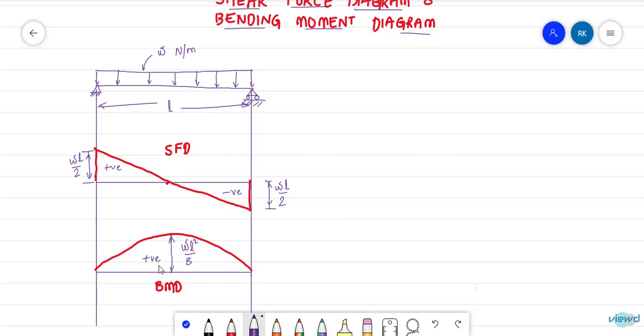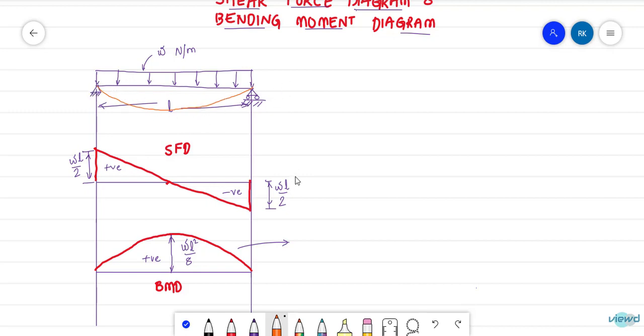So what can we get from this? From this bending moment diagram, you can see that as the loading acts in this way, this beam bends like this.